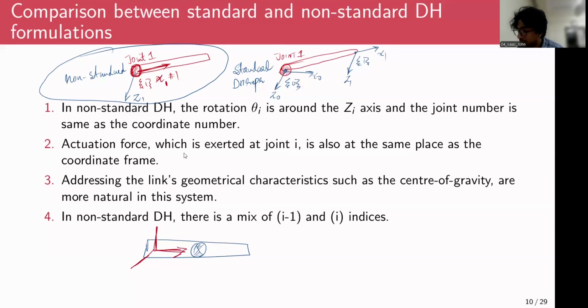So if you consider this to be the x-axis and this to be the y-axis, it is fairly easy to represent the center of gravity or center of mass with respect to this frame of reference, right? Because if you move probably around 5 units along the x-axis, you will be able to obtain the coordinates of the frame of reference as per non-standard convention.